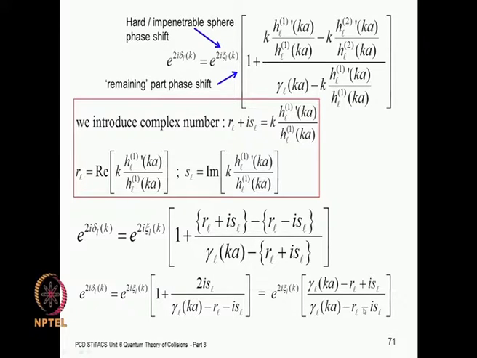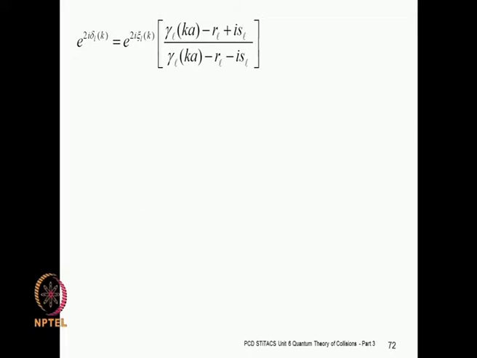So, you can also write it as e to the 2i rho or something, which will be the other part of the scattering phase shift. So, let us see that. That other part will be rho, and that is coming from this rectangular box. I will write this relation explicitly over here.